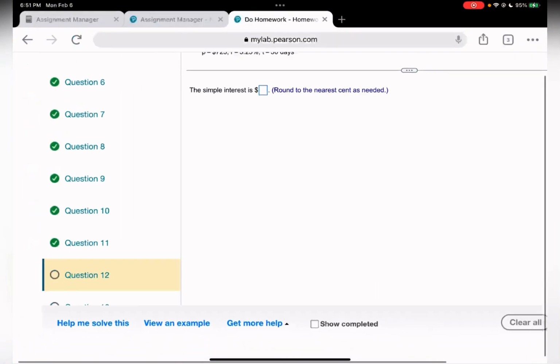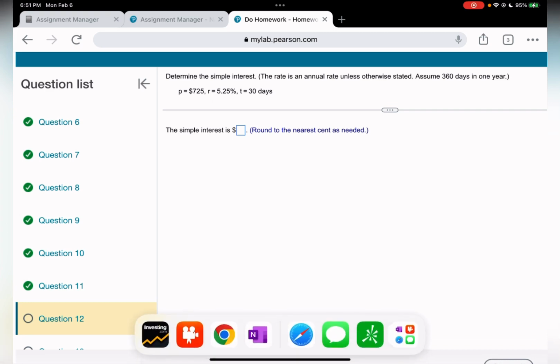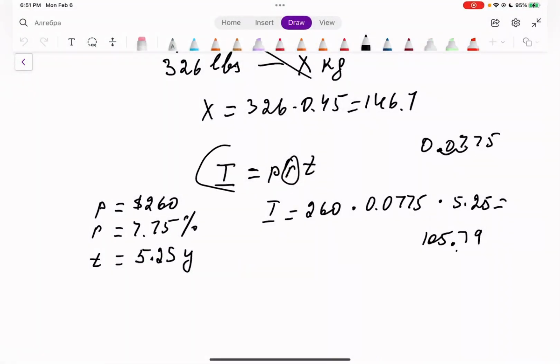Question number 12. Again, simple interest. This one is more interesting. Let's see what we're going to do here. In our formula, as I said, we always use interest annually. I equals P R T, we use annually. R in the formula represents annual.